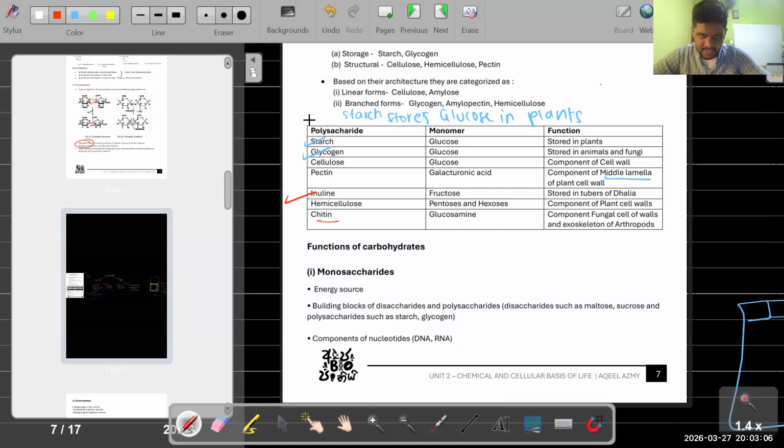Okay, just check whether this table is clear to you.